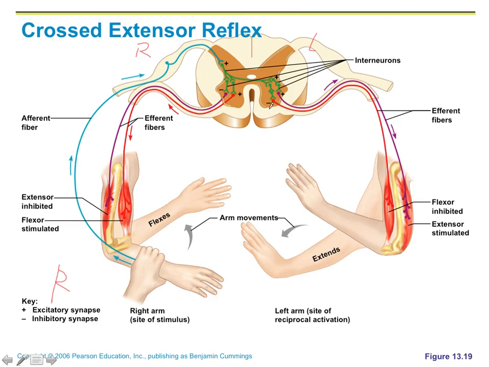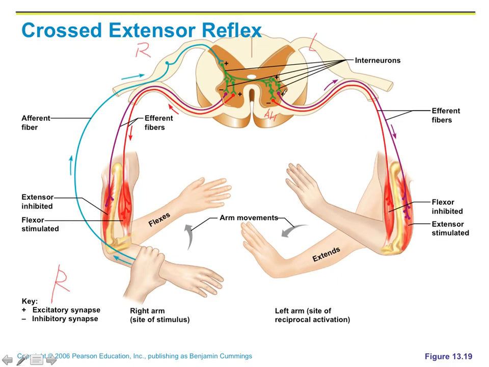So the integration center can stimulate the motor neurons of the left side to induce a biceps contraction.